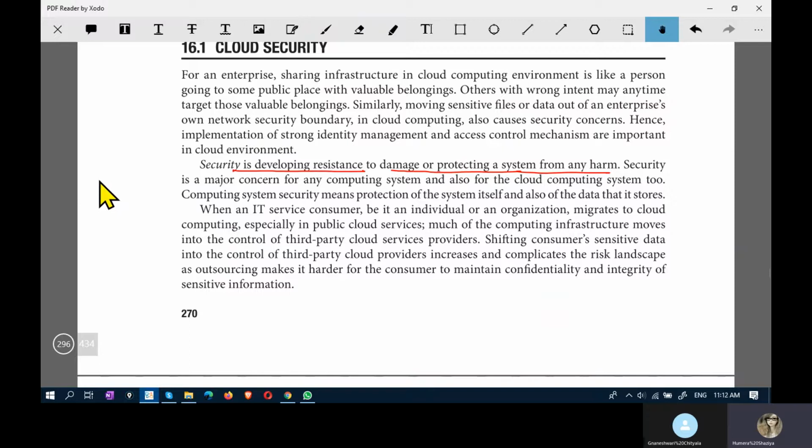That way our system, a traditional system as well as cloud system, should have the protection mechanism in order to protect the system from any harm or damage. That is the security.